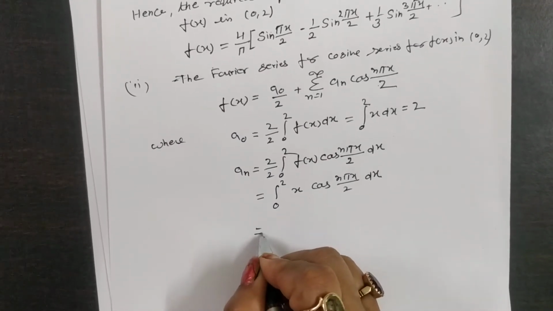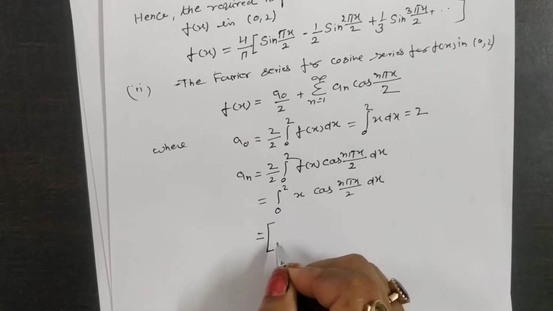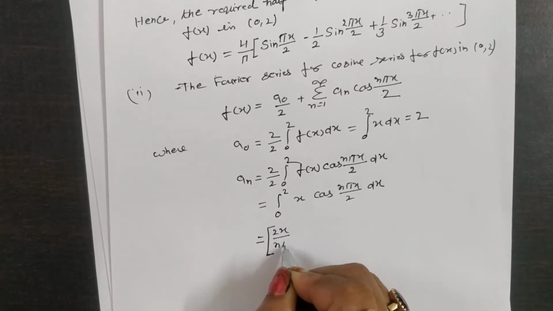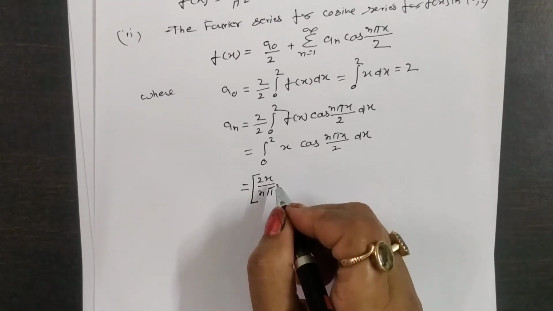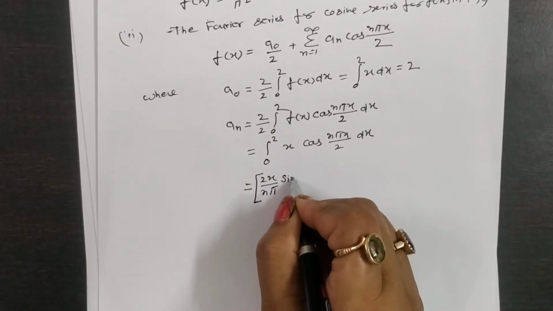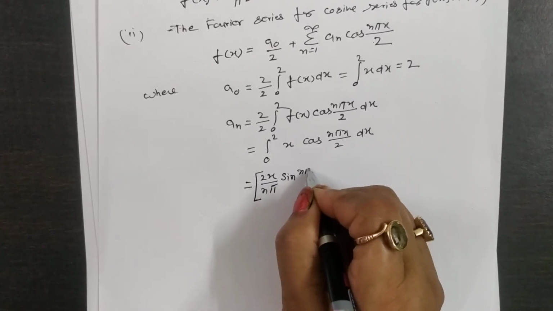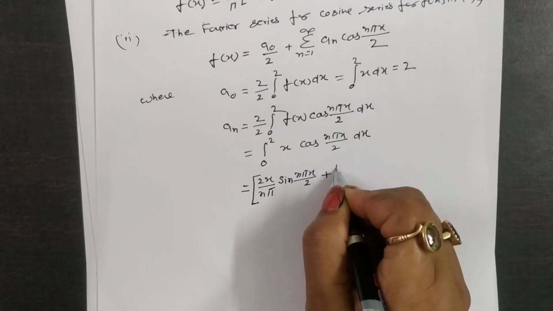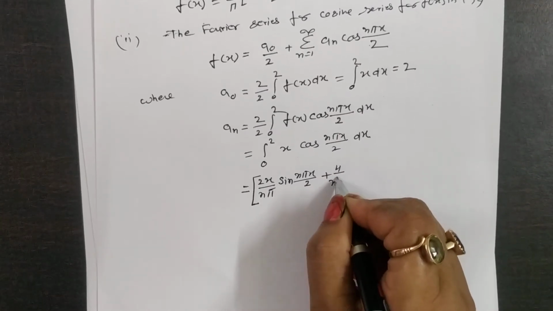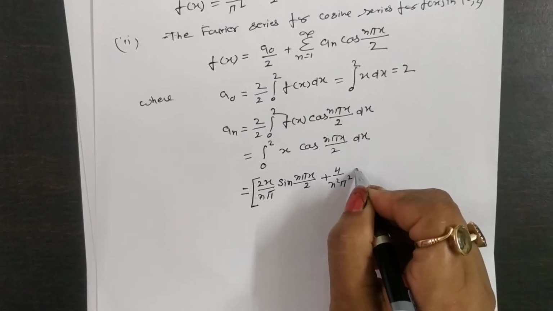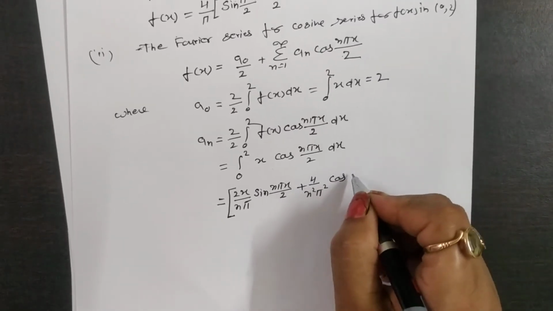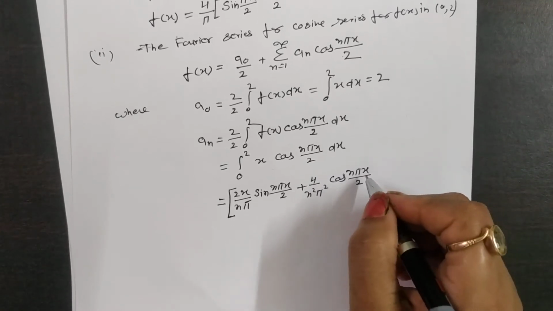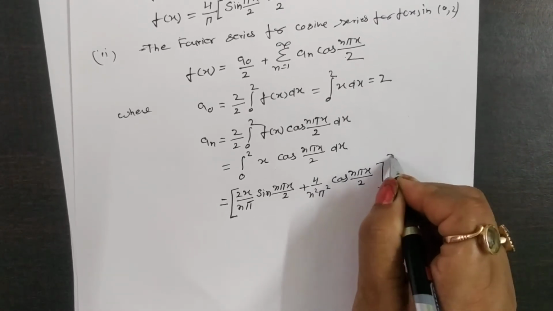Now integrating, as we did earlier for b_n, similarly for a_n you get the value 2x by n pi sin(n pi x by 2) plus 4 by n square pi square cos(n pi x by 2), with limits from 0 to 2.